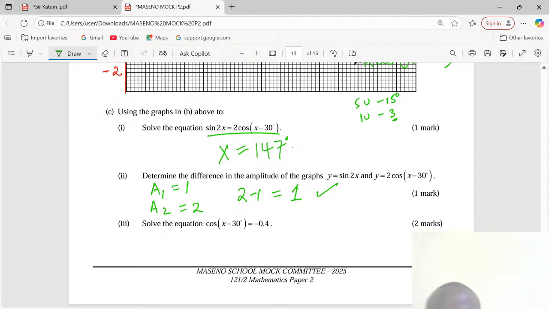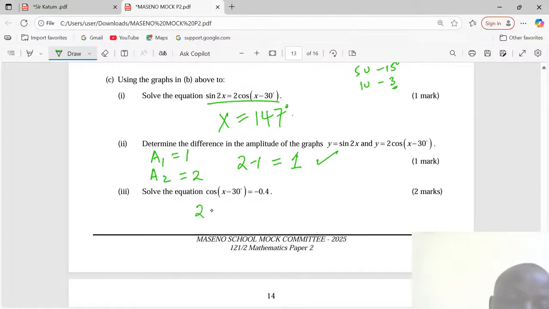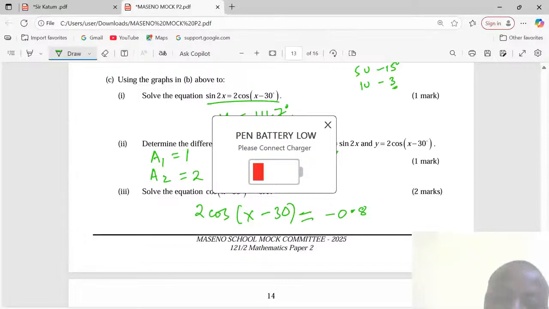We get 1. Then we are also advised to solve number 3 here, which is cosine of x minus 30 equals negative 0.4. Look at the functions plotted. You discover that we didn't plot such a curve. But in case we introduce 2 here, you discover this becomes 2 cosine of x minus 30 equals negative 0.8.